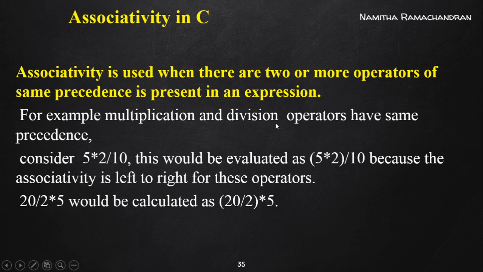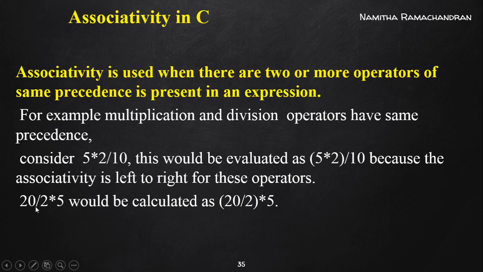For example, multiplication and division operations have the same precedence. Consider the expression 5 into 2 divided by 10. These two have the same precedence, so we need to consider the associativity, which is from left to right. So the correct evaluation method is 5 into 2 first, then divide by 10.